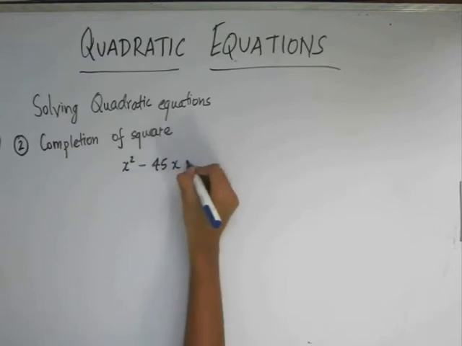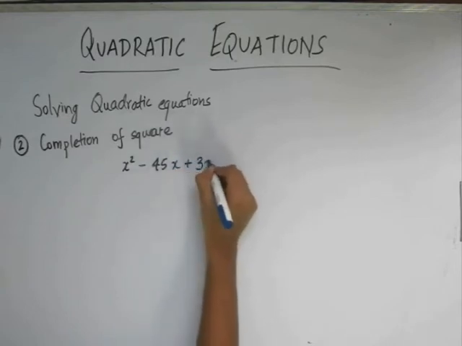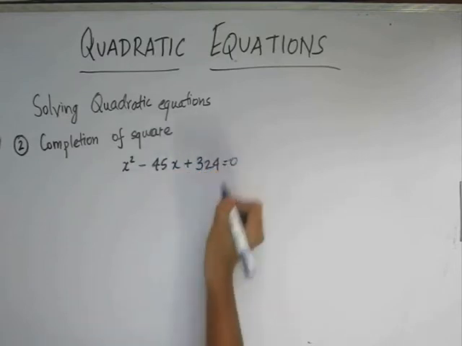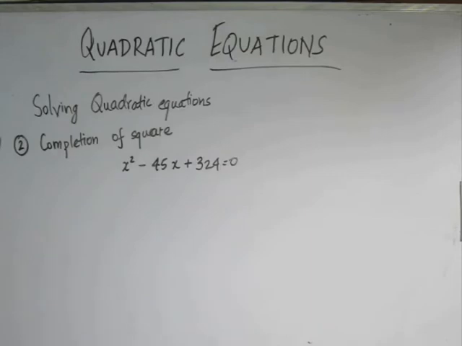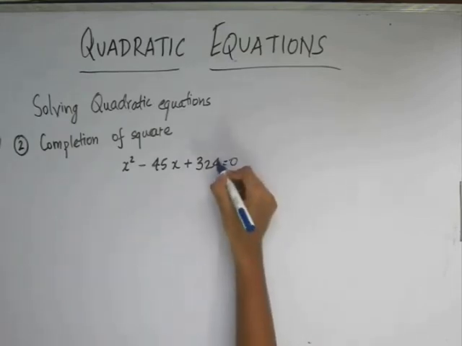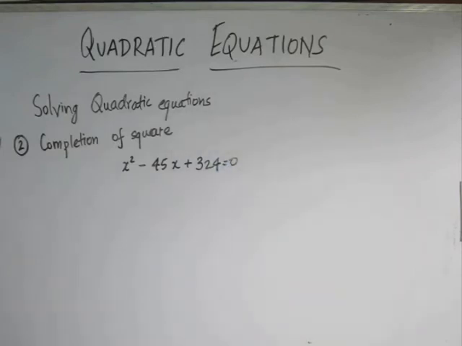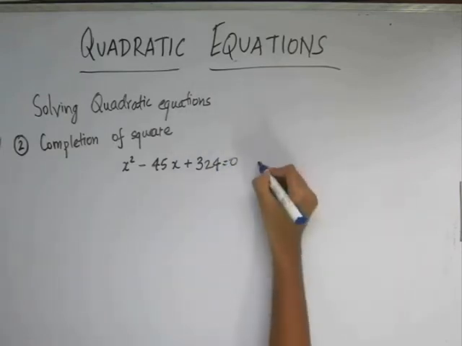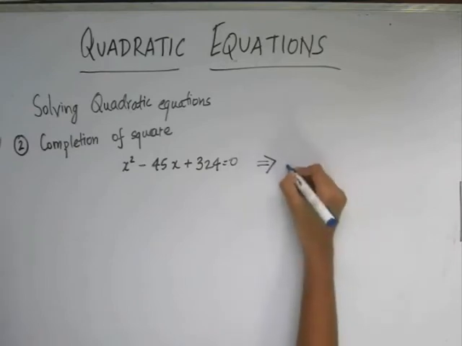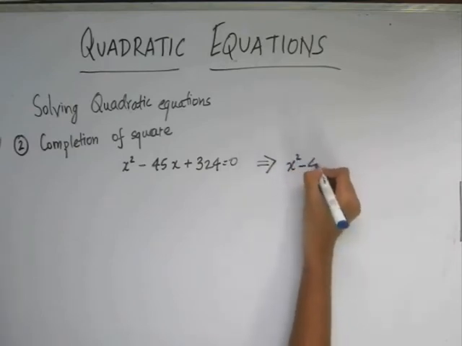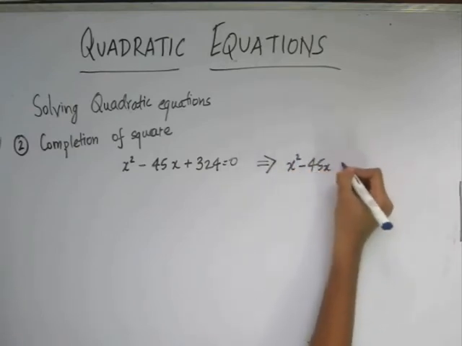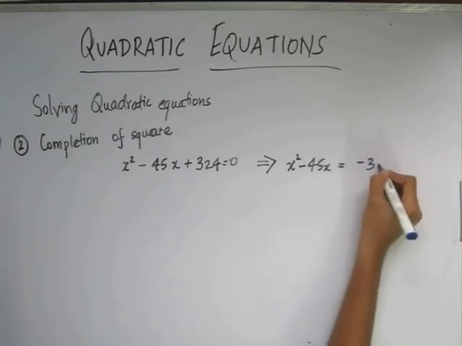The same example, x square minus 45x plus 324 equal to 0. The first step that I do in order to solve by this method is take the constant term to the opposite side. So when I do that, my equation will be x square minus 45x equal to minus 324.